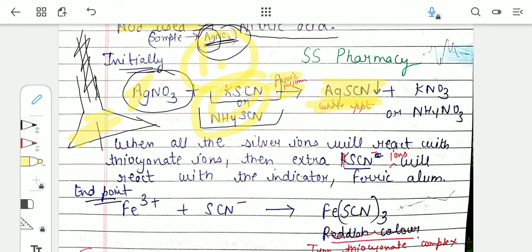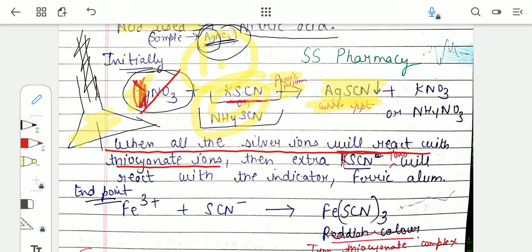Now when all the silver ions have been consumed, when all the silver ions have reacted with thiocyanate ions, which means no more silver ions are present, then the excess thiocyanate ions, SCN negative, will react with the indicator ferric alum.